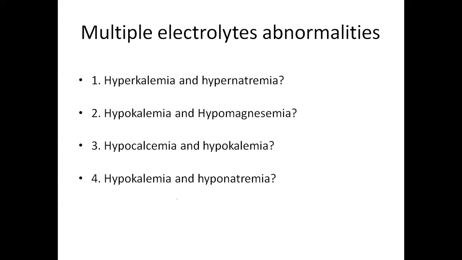Now this is one important thing. Hypokalemia and hyponatremia, they both have a relation. Your potassium correction can shift the sodium outside the cell. Any explanation for how increasing serum potassium can shift the sodium outside the cell?